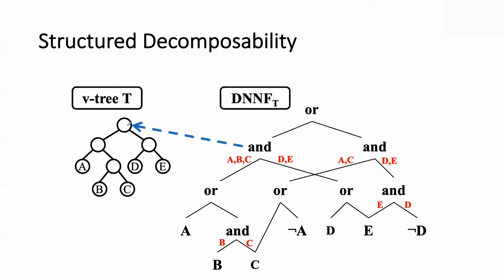Now, in this case, I must have binary AND nodes, only 2 children. So what does it mean that this is adhering to that node? That means one child of this AND node should have all of its variables in one subtree, and the other child must have all of its variables in the other subtree. Okay? You cannot just decompose variables arbitrarily. So this node adheres to that, and this node also adheres to it.